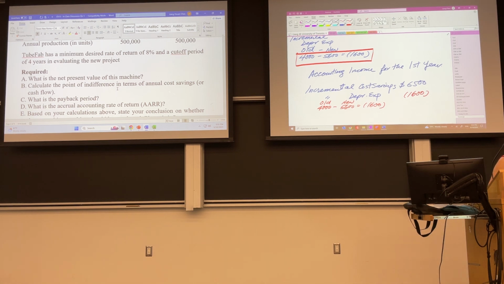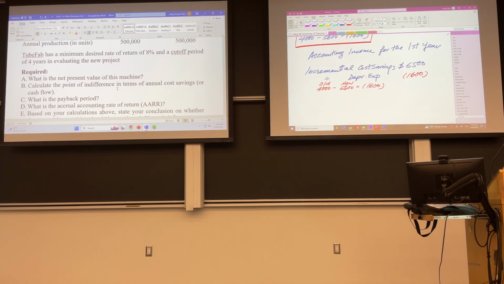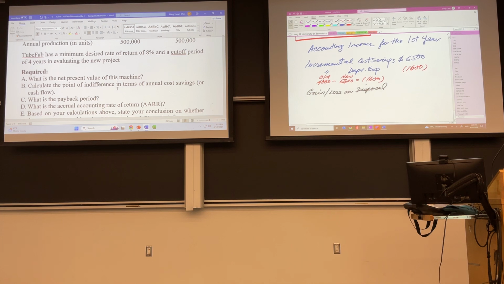Okay, now the third one is the gain or loss on disposal. We're going to get 20,500. But what's the carrying value in your book?